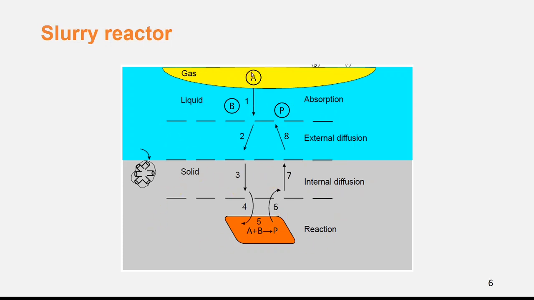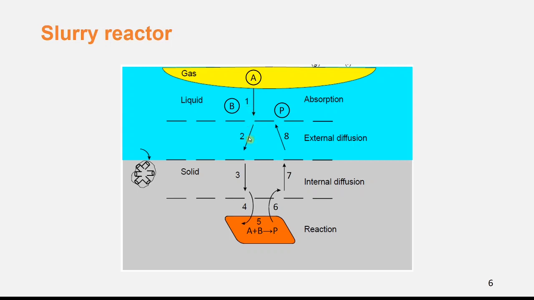As you know, reactant A, which is hydrogen gas in our example, in the gas phase needs to absorb or dissolve in the liquid phase, where reactant B is, the methyl linoleate in our example. This is step 1 in our diagram. Now, reactants A and B are in the bulk phase. The remaining steps are as we had before.